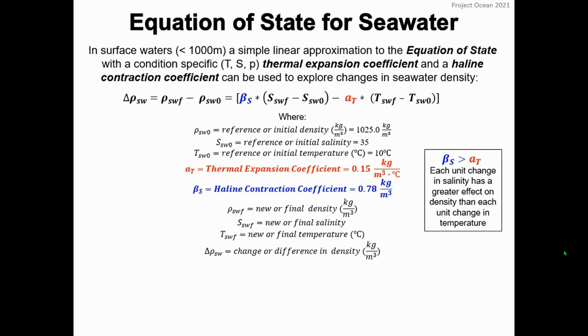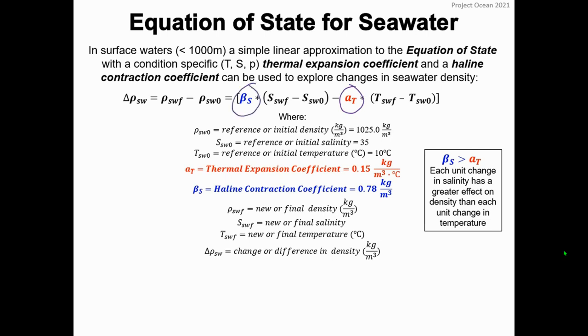Another simplification that oceanographers sometimes use to look at the effects of temperature and salinity on density is a linear approximation to the equation of state for seawater. This linear approximation uses a condition-specific thermal expansion coefficient, that's going to be this alpha T right here, and a condition-specific haline contraction coefficient.